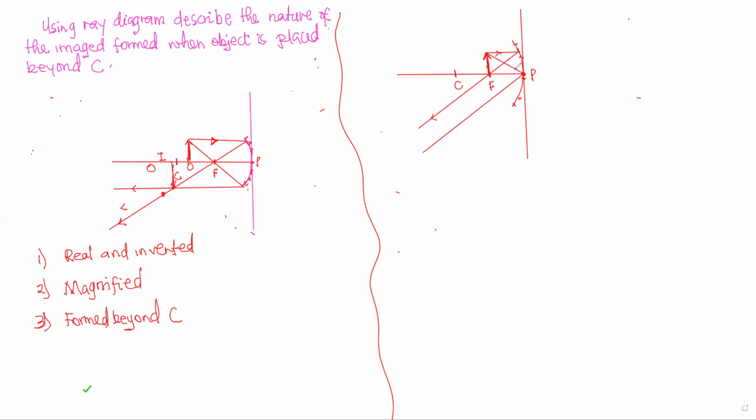So this angle here must be the same as the angle there. I think that the angle between the principal axis and the reflected ray is bigger, so let me adjust it a little. That's why I said when you are doing this, you must take measurements.